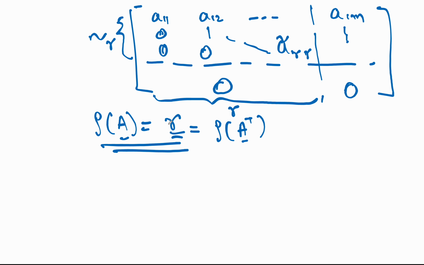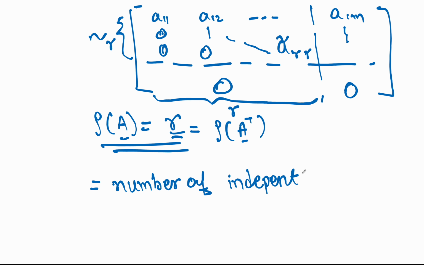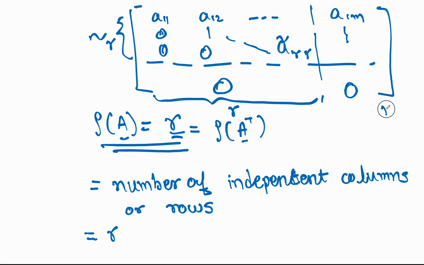And by definition, as we just mentioned, the rank defines the number of independent columns or rows, and that is nothing but r. The actual matrix is of size m cross m, so the number of columns is m.